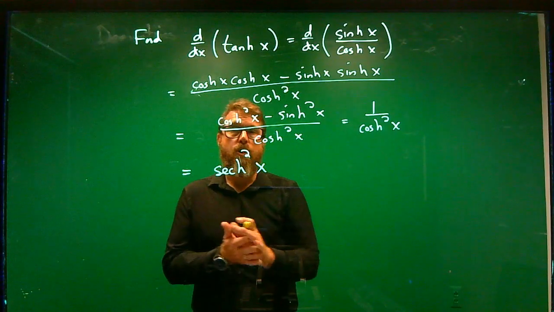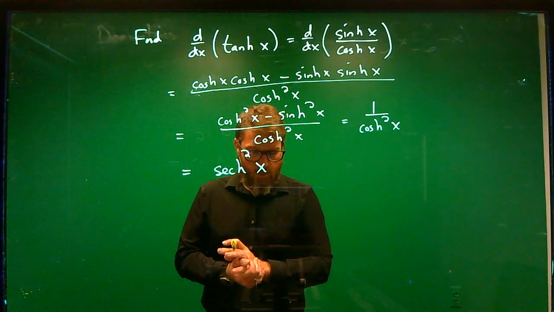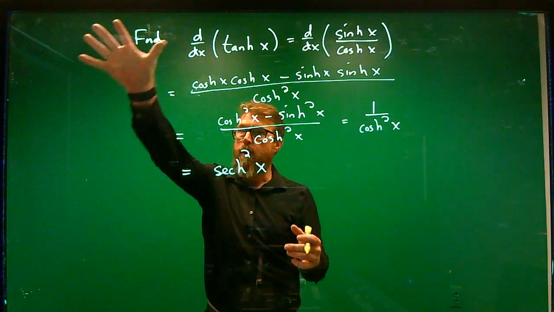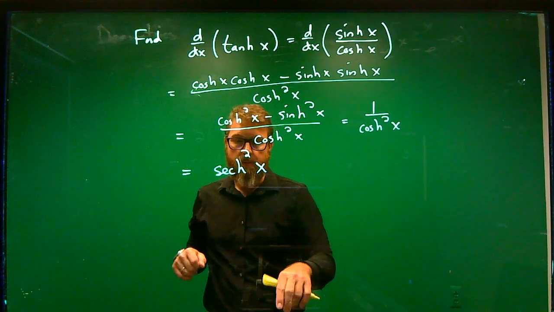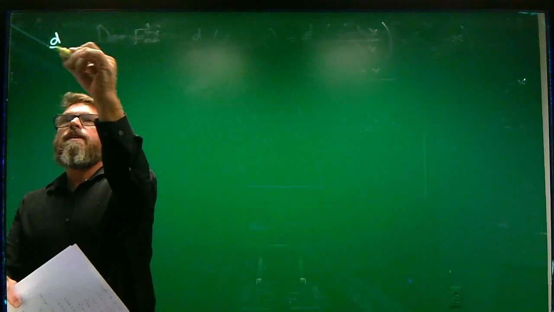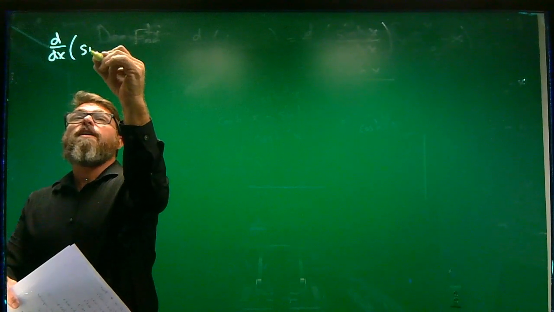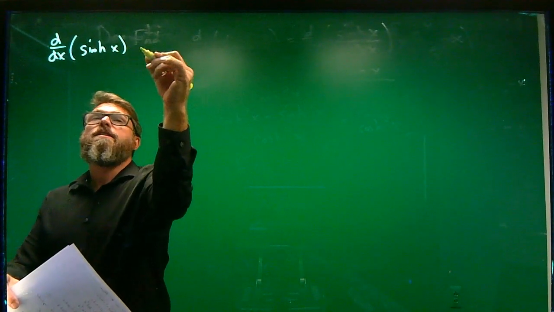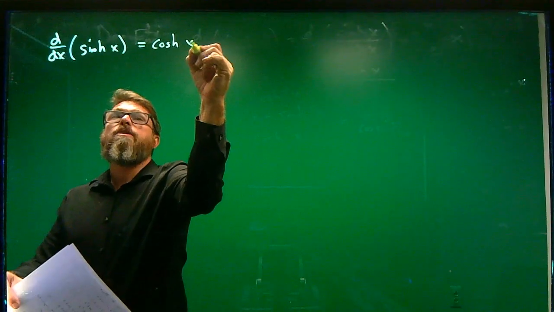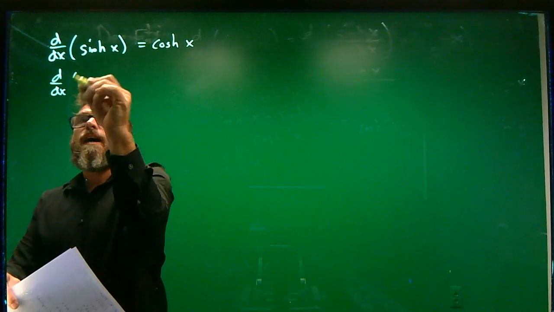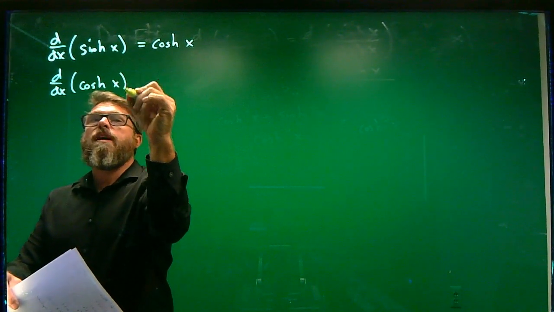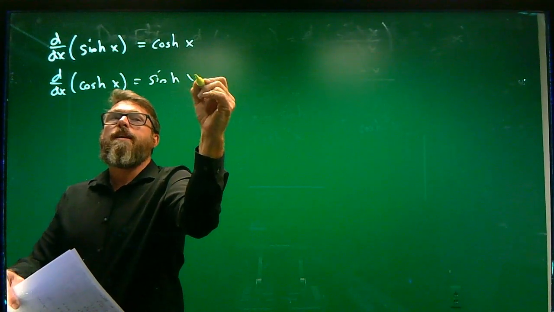Now we can actually derive the derivatives of all the trig functions, but let me write a list over here so we can keep track of them. The derivative with respect to x of the hyperbolic sine of x is the hyperbolic cosine of x. The derivative of the hyperbolic cosine of x is the hyperbolic sine of x.